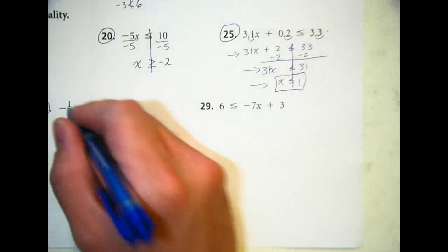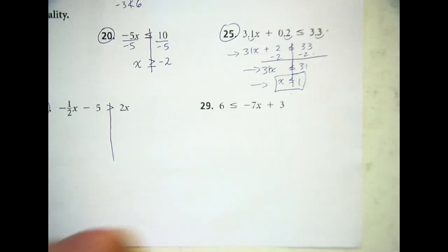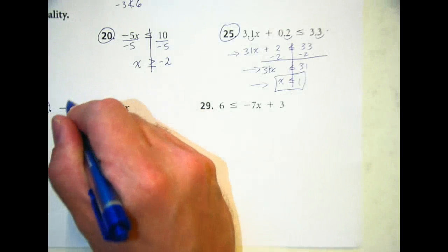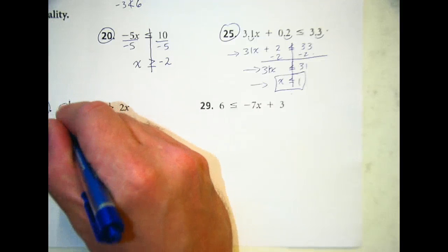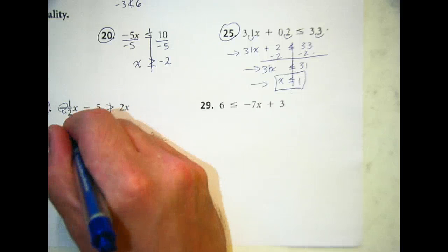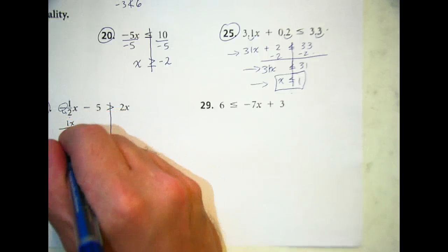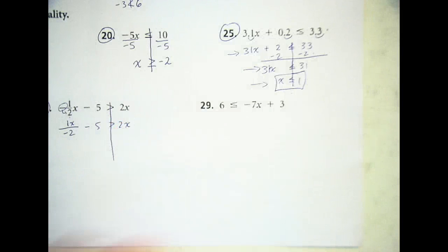You multiply by the common denominator. Now, in this case, this negative sign can be attached anywhere. I could attach it up here or attach it down here. For the sake of this problem, I'm going to bring it to the bottom. So I'm going to think of this as 1x over negative 2 minus 5 is greater than 2x.